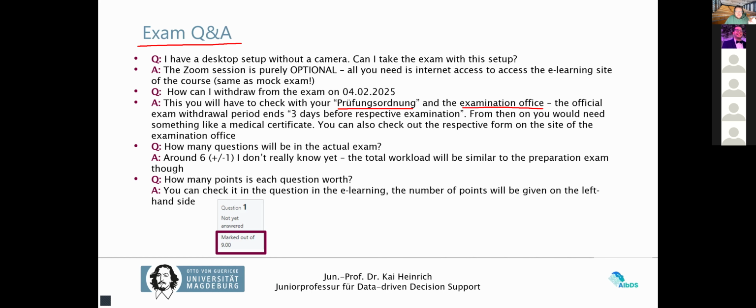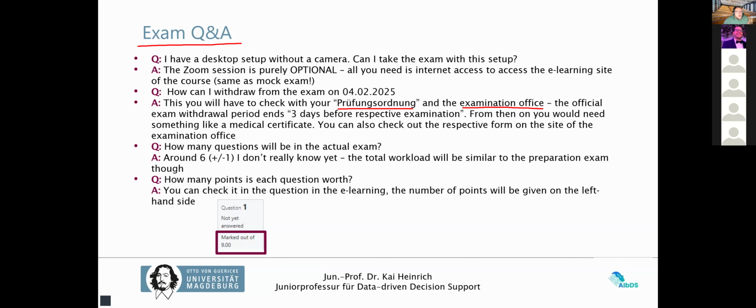I checked it quickly, and there is a form that you have to hand in to the examination office with a medical certificate attached to it, I think. But please check. The examination office has all the information. I'm not really an expert on that, but I know that up to 3 days before the respective examination, you can withdraw, I think, right? So if you don't feel ready, you can withdraw, okay?